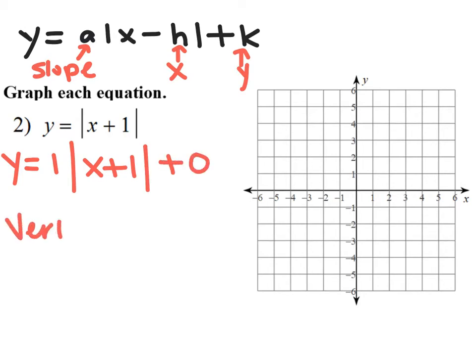Now the vertex is going to be, the x coordinate is going to switch, so the h is the x, so since it's +1, it becomes negative 1, and the k value is our y-coordinate. So our k value in this case is 0. So I can plot my point at negative 1, 0, and draw in my axis of symmetry.